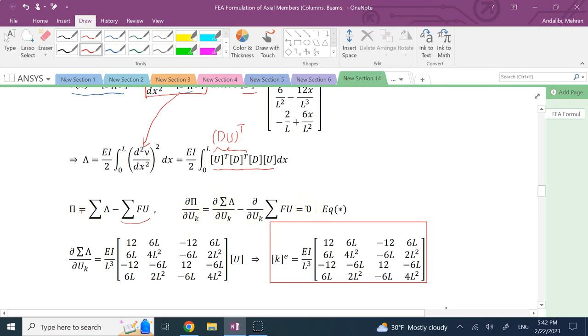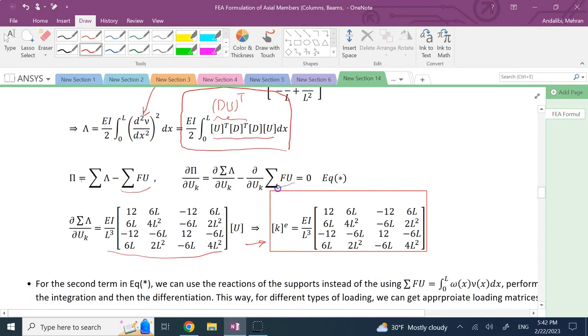And if I do that, then the derivative of this with respect to UK, when I carry all the integrations and then take the derivative with respect to UK, is going to be what? Is going to be this one here, right? So the stiffness matrix is going to be this portion, which you can see over here, right?